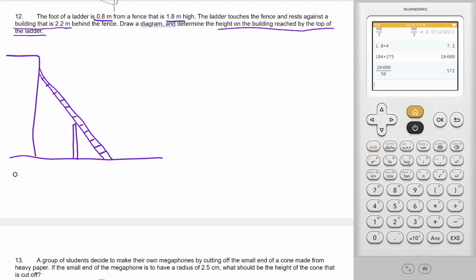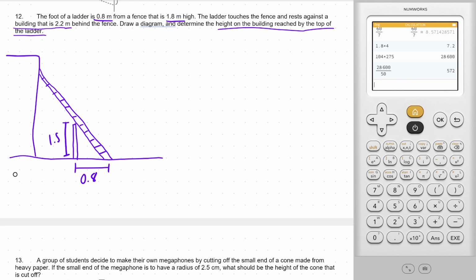All right. Okay, so now let's go ahead and specify the dimensions. And again, this is not going to be to scale, of course. So the picture doesn't always provide scale, but it does provide important visual information for us to set up the problem. So the foot of the ladder is, sorry, 0.8 meters from the fence. So this is 0.8. And the fence is 1.8 meters high.